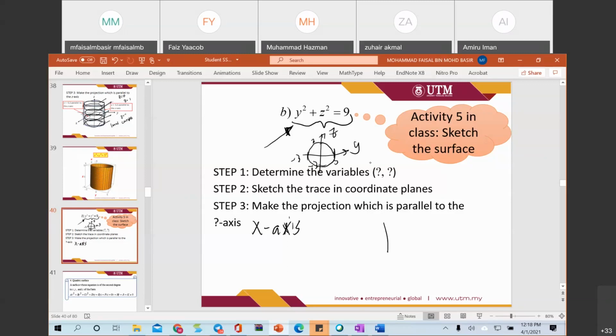Okay, so how about the 3D? Anyone? A cylinder projected to the x-axis.